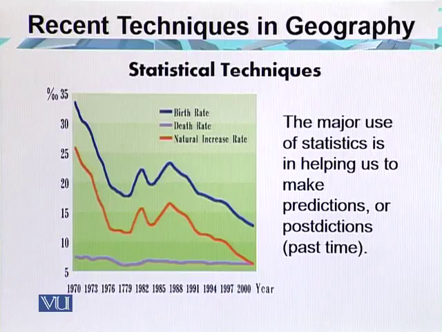The major use of statistics is in helping us to make predictions or postdictions. This not only gives the picture of future growth, but it also deals with the postdiction of the data. The past trend of growth gives us the story of the previous total population, and the present trend of population growth rate gives us the future trend of the population.